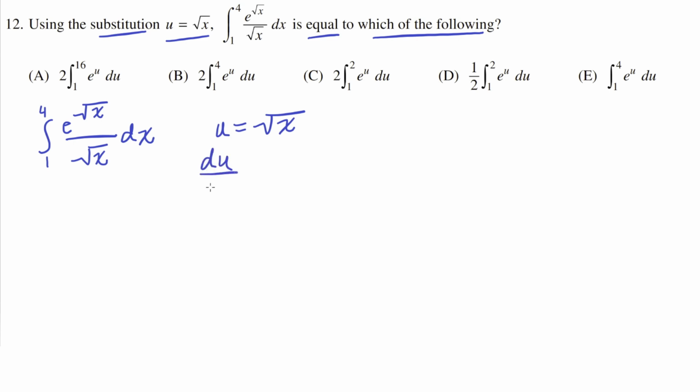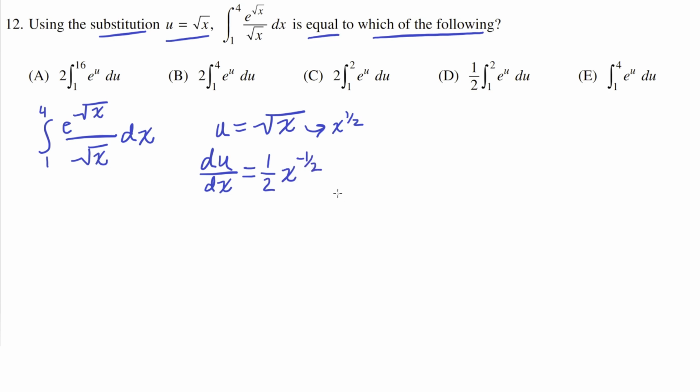So let's find du dx, the first derivative of u with respect to x. To do that, we can just think of square root of x as x raised to the 1/2. That's what the square root is. So we can just apply the power rule to x raised to the 1/2. We multiply by the exponent and then subtract 1 from the exponent.